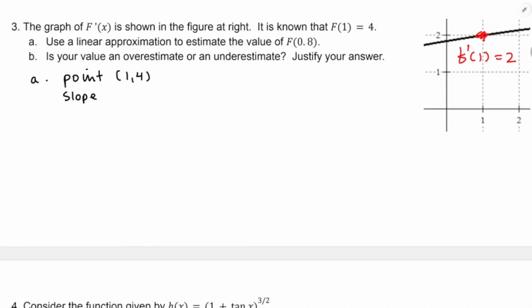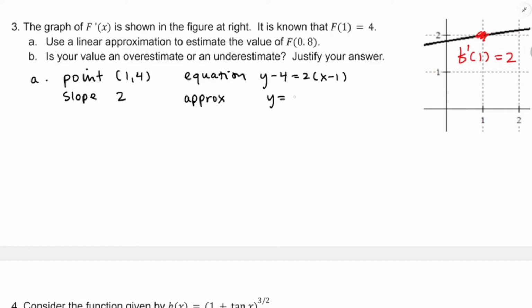Oh, nope, it's not. I see that in part B, we're going to be interested in the slope of f prime. All right, so f prime of 1 equals 2, so the slope would be 2. I'm going to write down the equation. And then I can do the approximation.